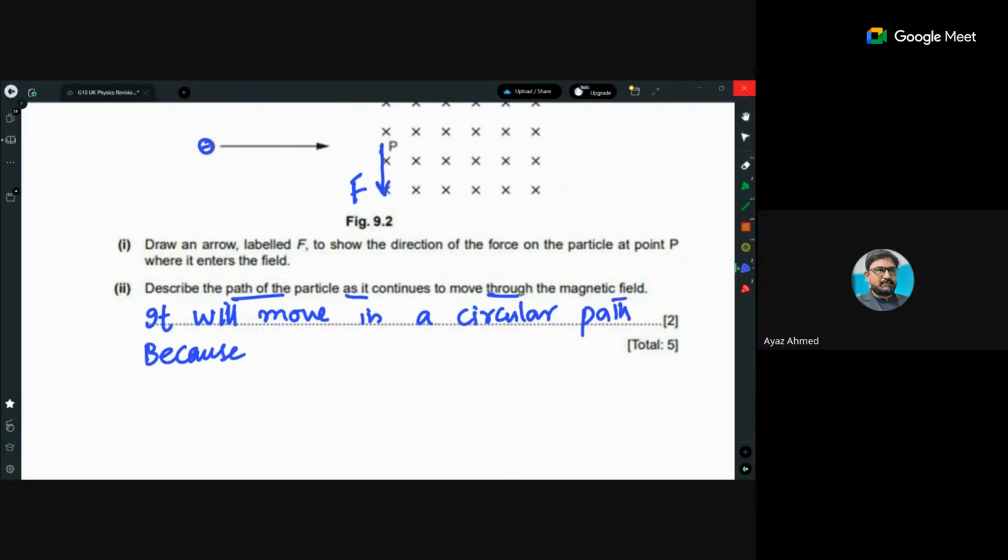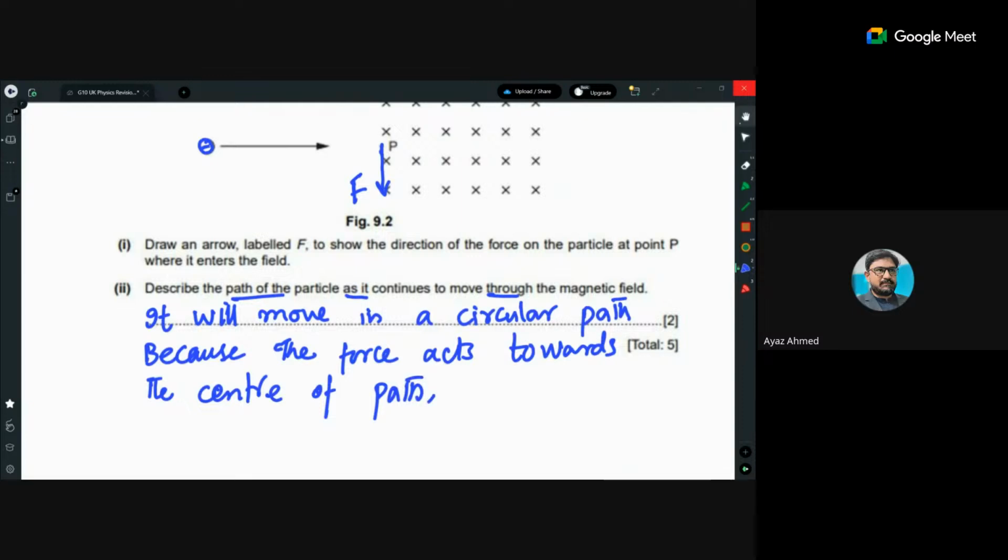First I'm going to write the answer, and then I will draw the diagram. Because the force acts towards the center of the path. That is, the force will change its direction.